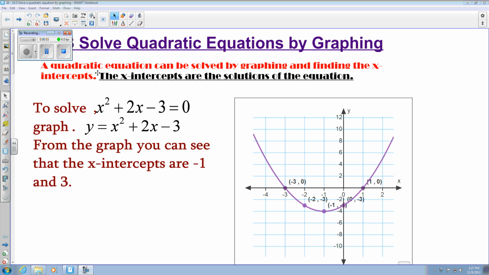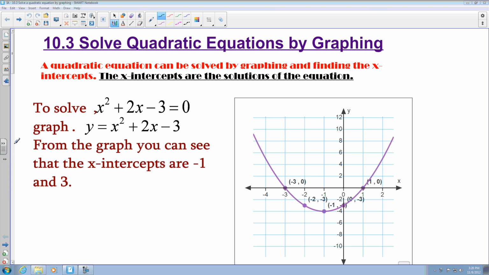So in this video, we are concentrating on section 10.3, which is solving quadratic equations by graphing. Now in 10.2, we talked about solving quadratics, and we used three ways to graph our equation.